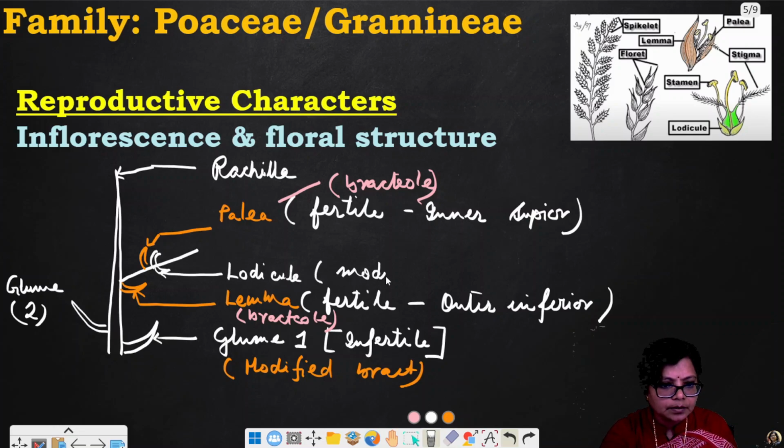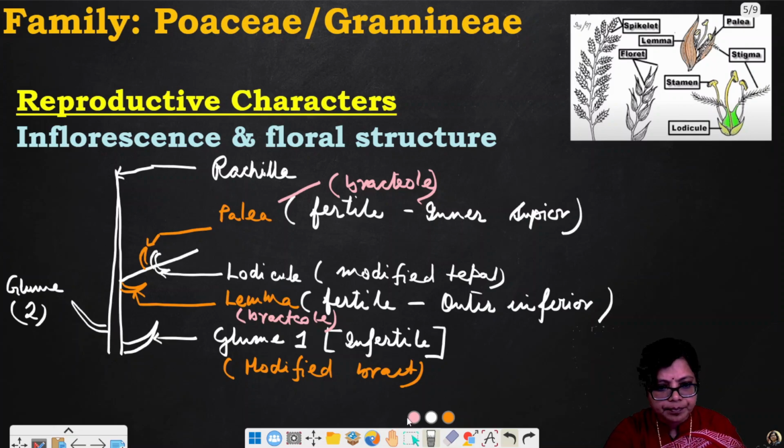This is modified tepal. In the members of this family, calyx and corolla are not present. Rather, perianth is present, but it is modified. Individual members, the tepals, which are 2 to 3 in number, are modified into a scale-like structure termed as lodicule. Clear?